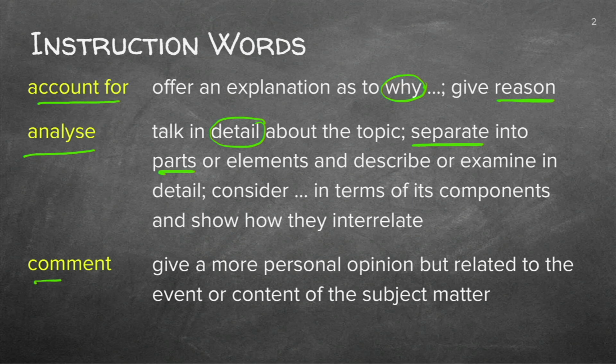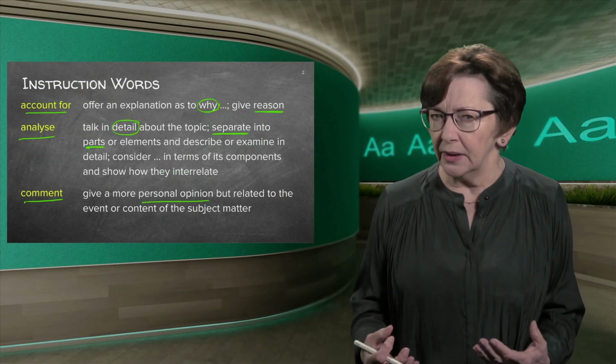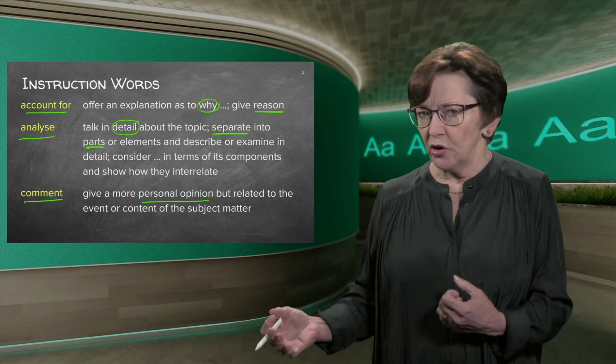If you have to comment on something, you give a personal opinion on something, but it's not entirely emotional. It's not really like with those evaluation questions. It's not really judgmental either. It is just your comment on it.